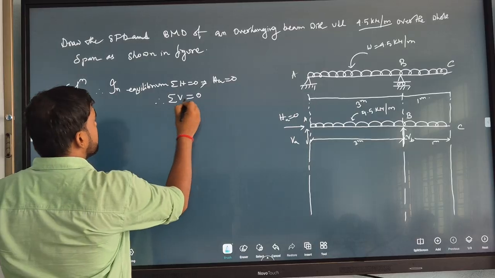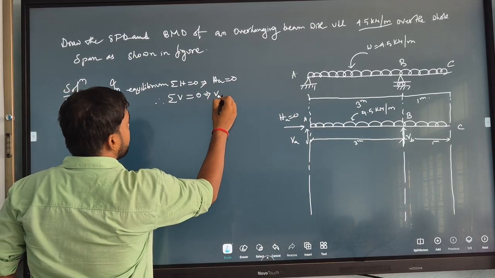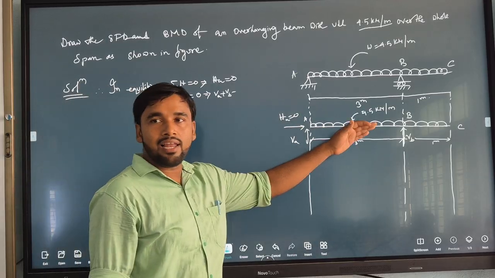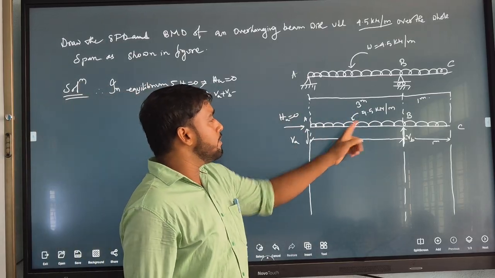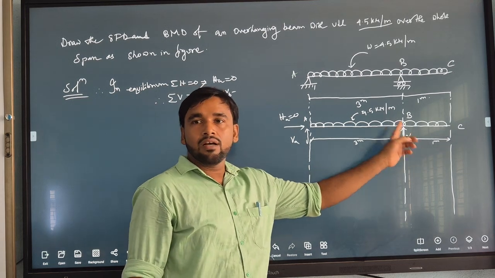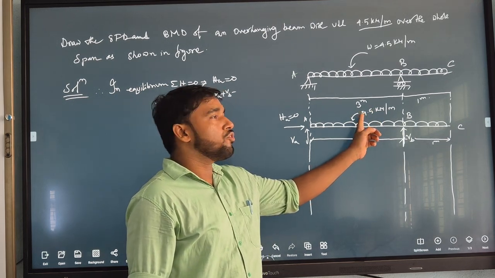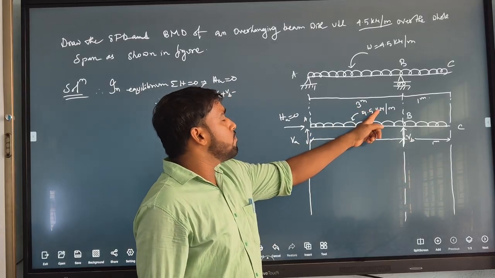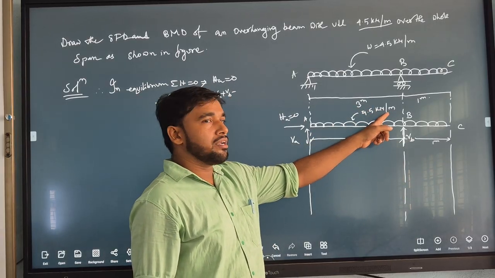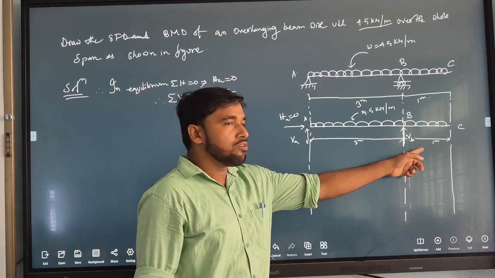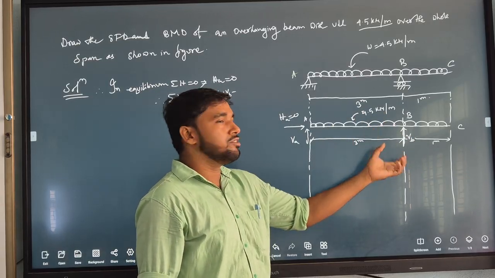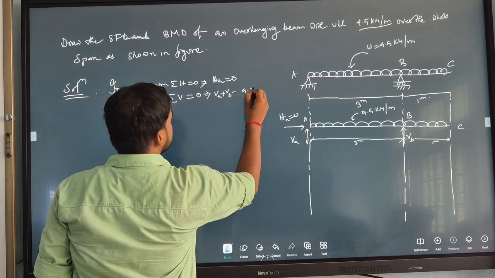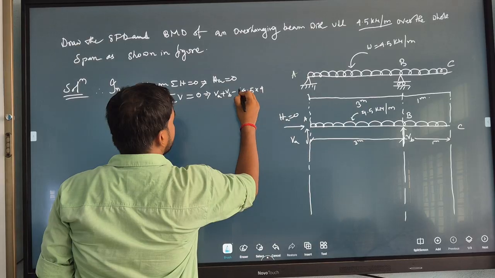So the equation becomes VA plus VB minus total UDL, that is 4.5 into (3 plus 1). Clear? The value is 4.5 kilonewton per meter and the total UDL length is 4 meter, so the total load becomes 4.5 into 4.